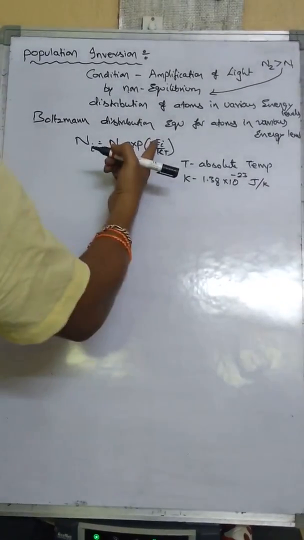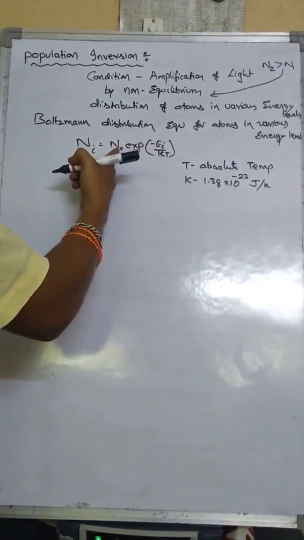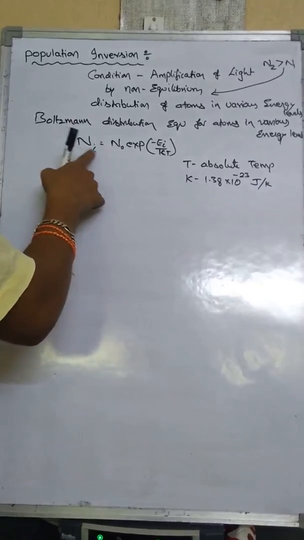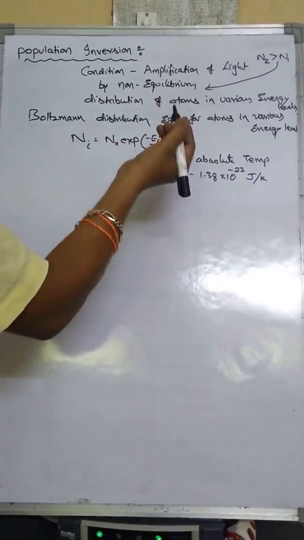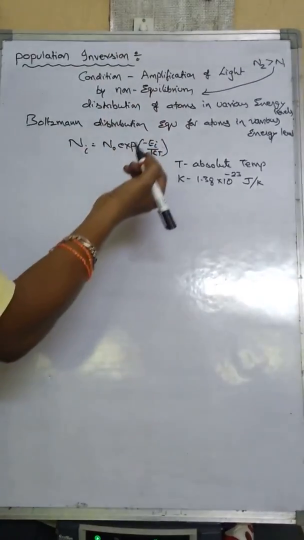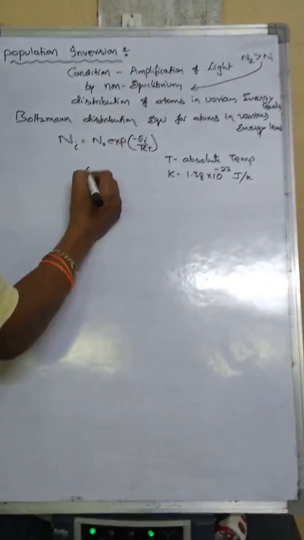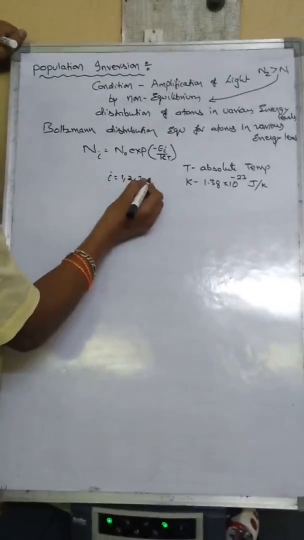E is the energy, N naught is the initial number, and Ni is the instantaneous number of atoms in various energy levels, where i equals 1, 2, 3, and so on.